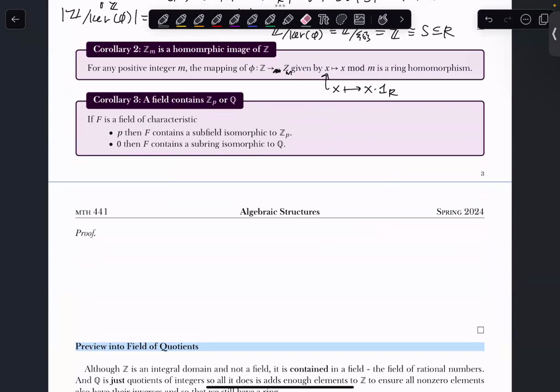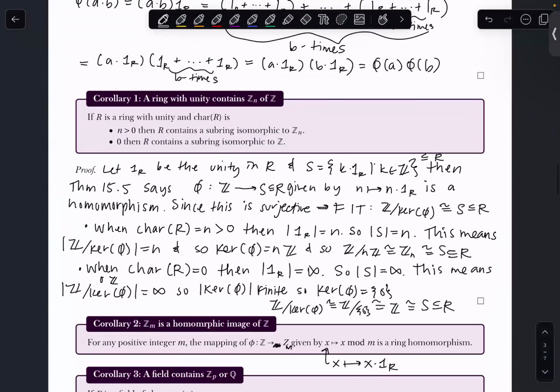Okay. So here, if we use our corollary 1, this is this one here.